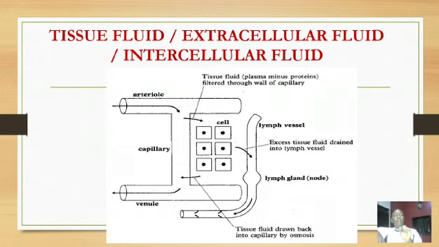Arterioles further branch into narrower blood vessels known as capillaries. Capillaries later join and form what we call the venules. The venules then form the veins that return blood to the heart.